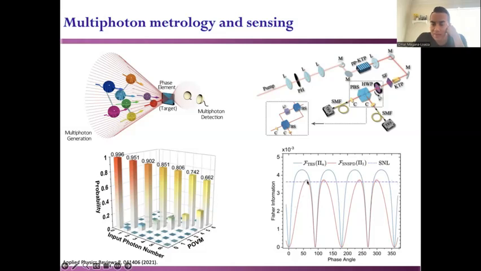So your red signal is what you get when you use click detection. You can barely get a quantum enhancement. However, when you use photon number resolving detection, you can surpass this quantum limit. You can get the blue curve. And this is very great because this is just an interferometer, and that's the basis for multiple quantum applications.